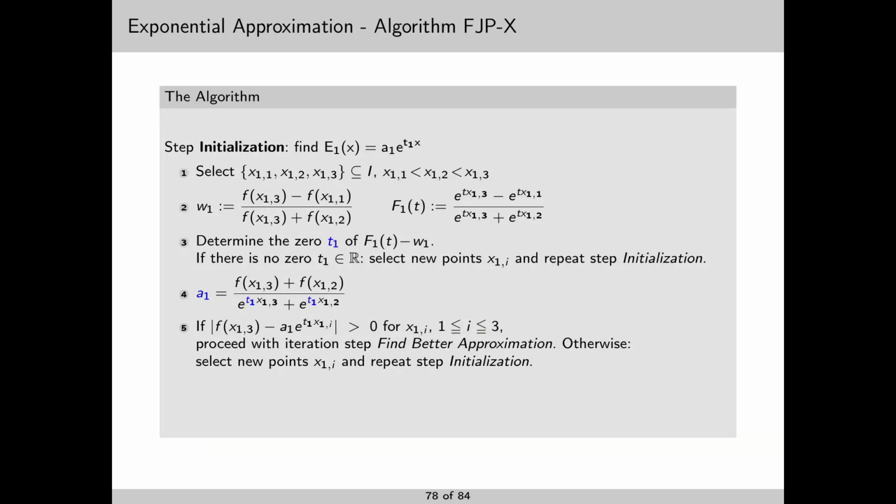If there is no zero, try another set of points. The algorithm may fail here. With T1 given, compute coefficient A1. If the error function is not equal to 0 for all points x1i, proceed with iteration step find better approximation. Otherwise, try another set of points and repeat step initialization.